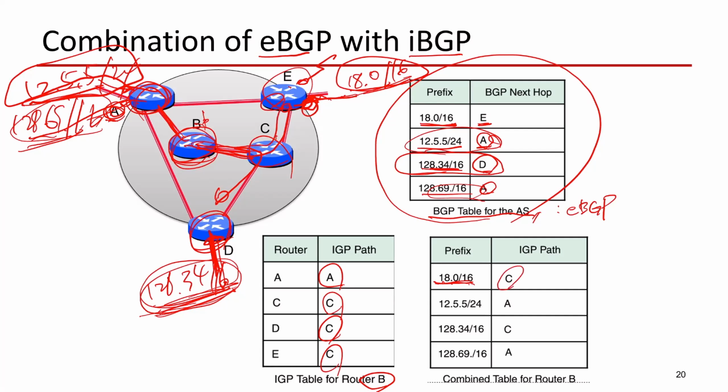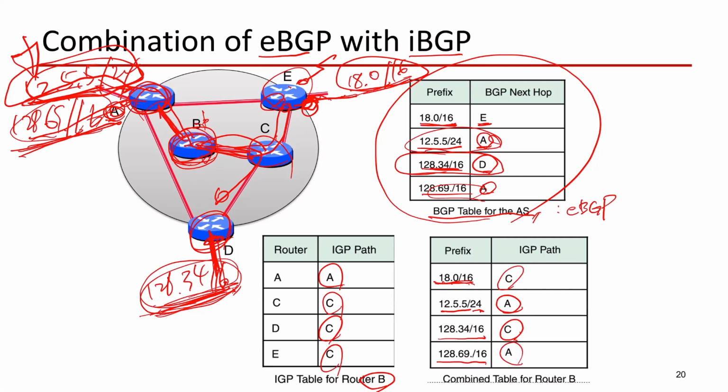C. For 12.5.5, whom should I talk to first? A. For 128.34, whom should I talk to first? C. For 128.6.9, whom should I talk to first? A.